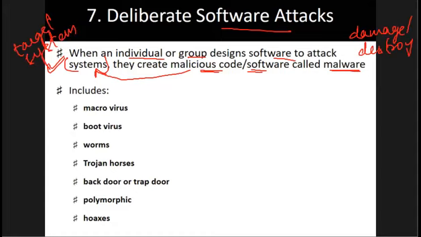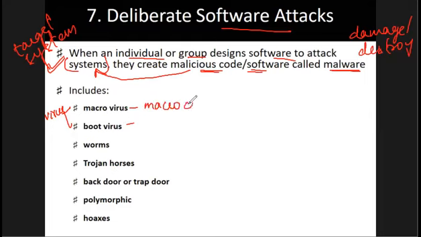Here some of the most common instances of these malicious codes are mentioned. The first one is macrovirus. This macrovirus and boot virus fall under the category of virus. We'll be studying that in detail. Now what is macrovirus? This macrovirus is embedded in automatically executing macro code.